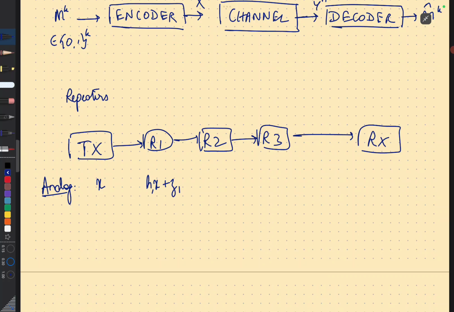Then it would output x plus, basically it would multiply this by 1 by h1. So it would transmit x plus z1 by h1. Right? Think of h1 as some small number. So 1 by h1 is going to be a large quantity. Right? So now this is sent to the second repeater. The second repeater gets h2 times what was transmitted by repeater 1.